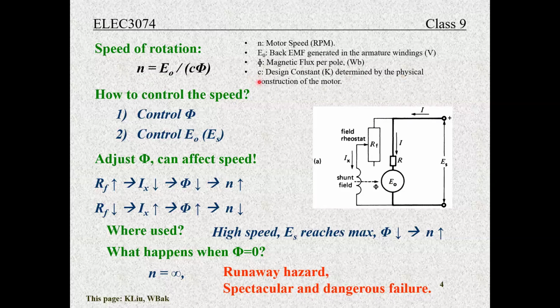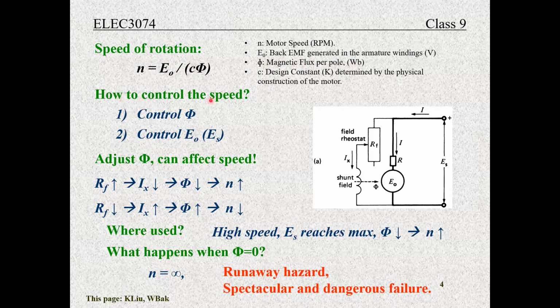You'll be given that times the magnetic flux per pole. So that depends how many poles you have, but per pole. Right? So that's going to be the speed.